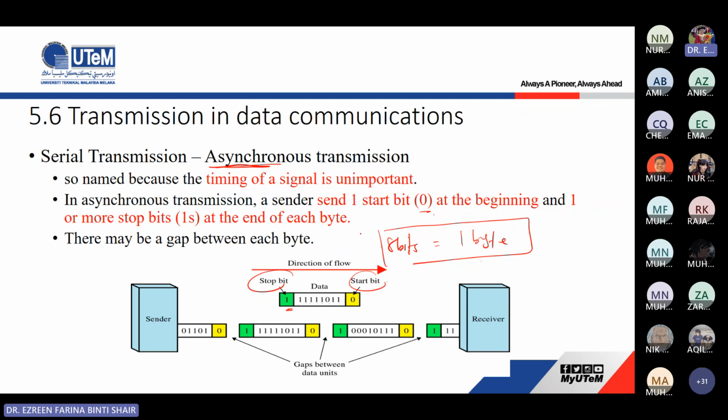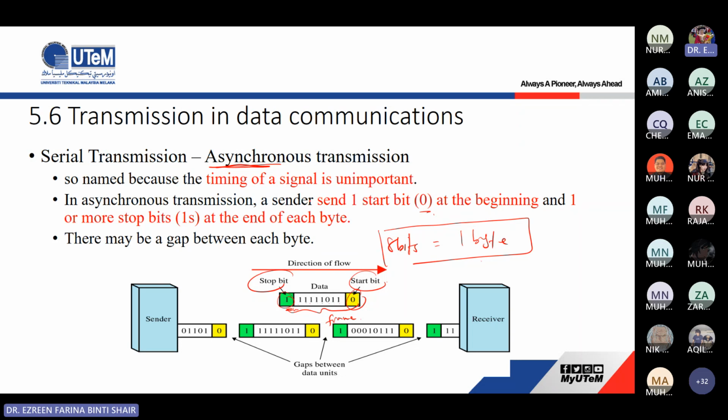For this example, the sender wants to send one frame. This one we call a frame. One frame consists of 8 bits, and you need another 2 additional bits, which we call the start bit, bit 0 at the front, and the stop bit, bit 1 at the end.